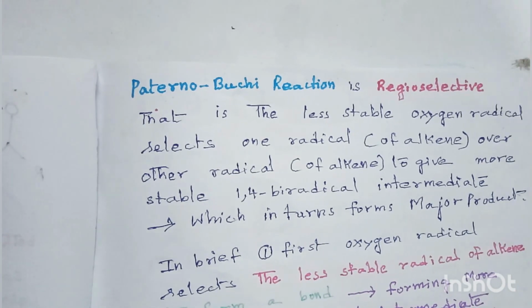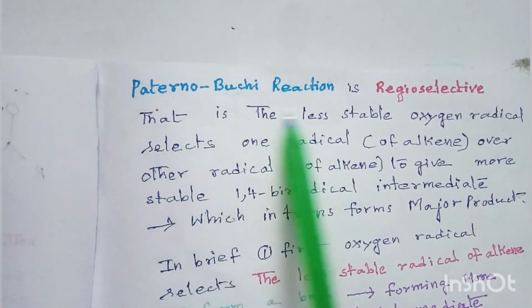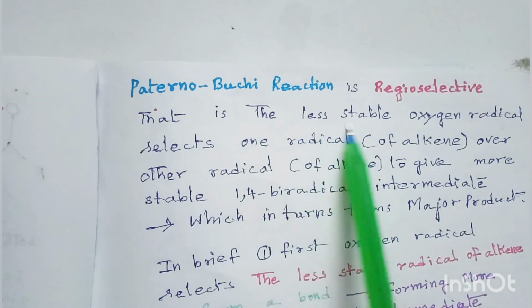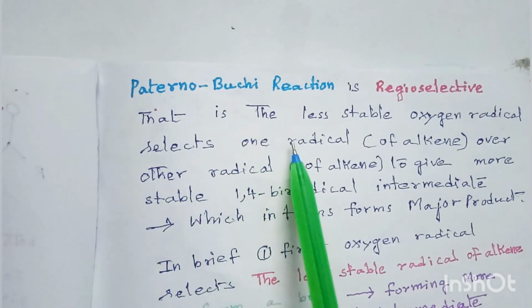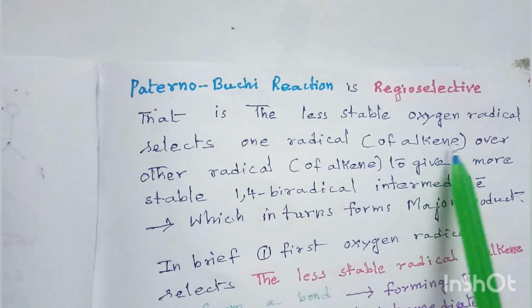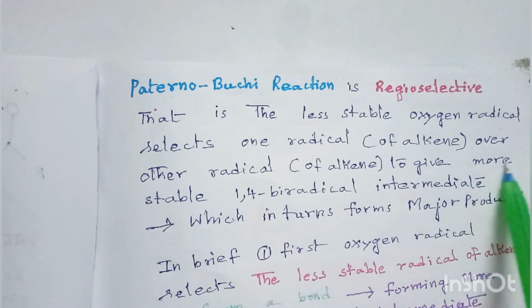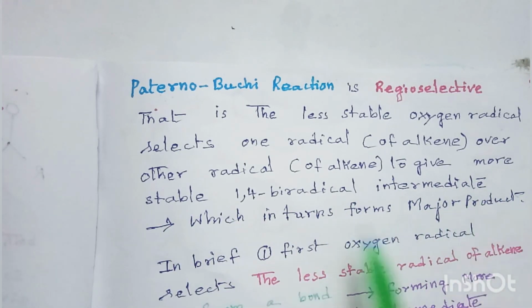This Paterno-Buchi reaction is regioselective. Regioselective means the less stable oxygen radical can select one radical of the alkene over the other radical of the alkene to give the more stable 1,4 biradical intermediate, which in turn forms the major product.